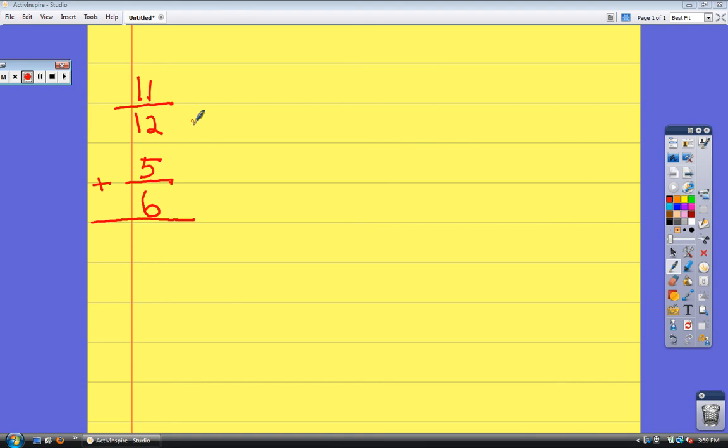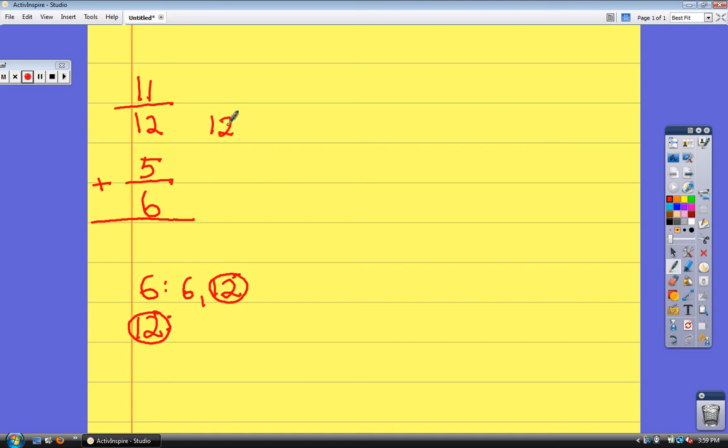And for the final problem, we can start with finding the multiples of 6 and 12. 6, 12, and we don't have to go anymore because we can see that 12 and 12 are together, so that's the least common multiple.